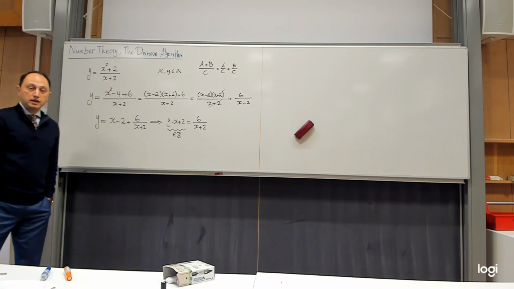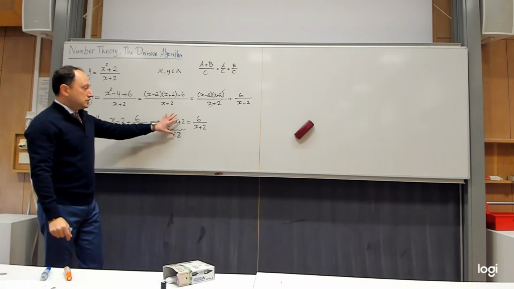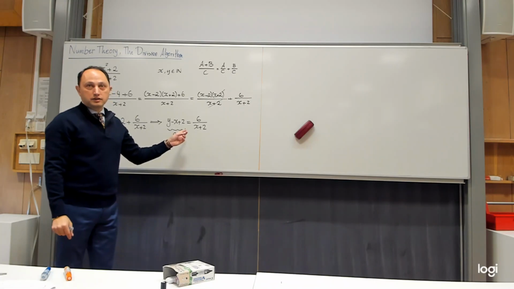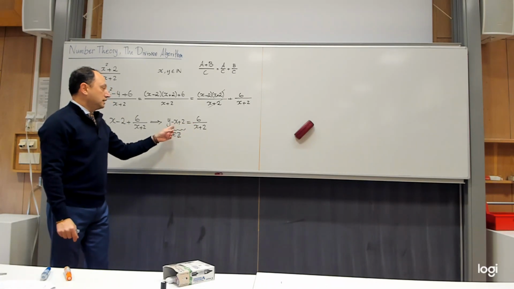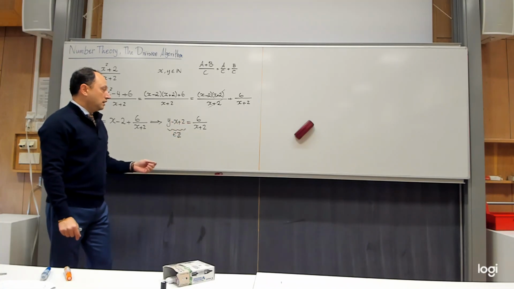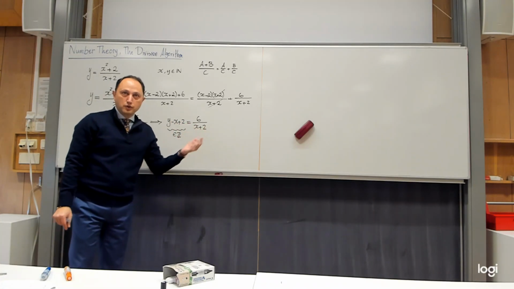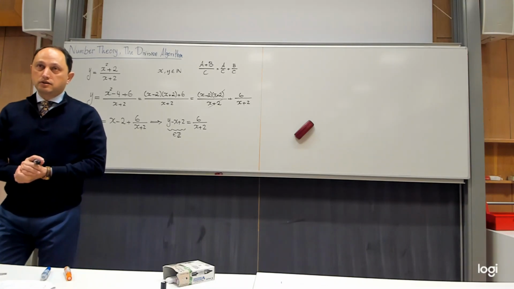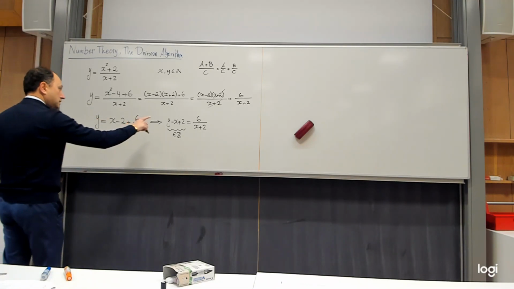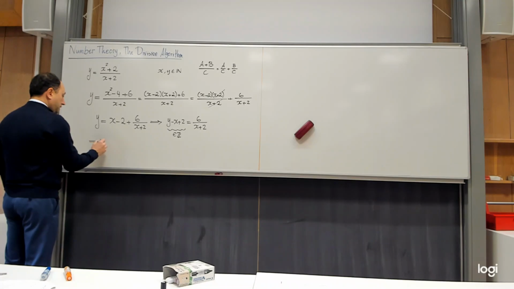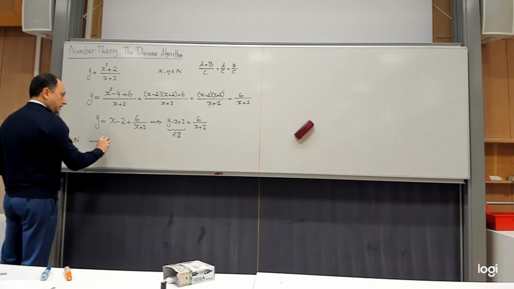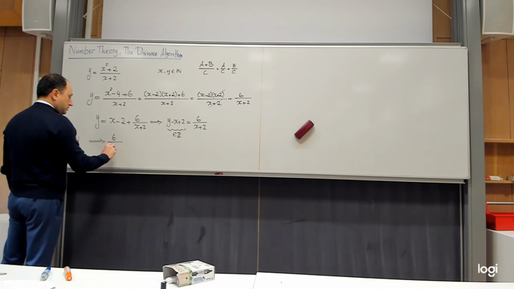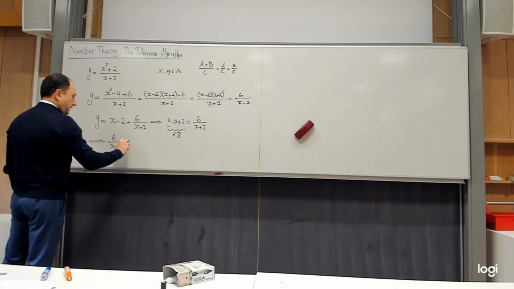So on the left-hand side, we have an integer. On the right-hand side, we have a fraction. If I have a fraction on the right and an integer on the left, they cannot be equal unless the right-hand side is also an integer. So this would imply that if x and y are in N, then 6 over x plus 2 should also be an integer.